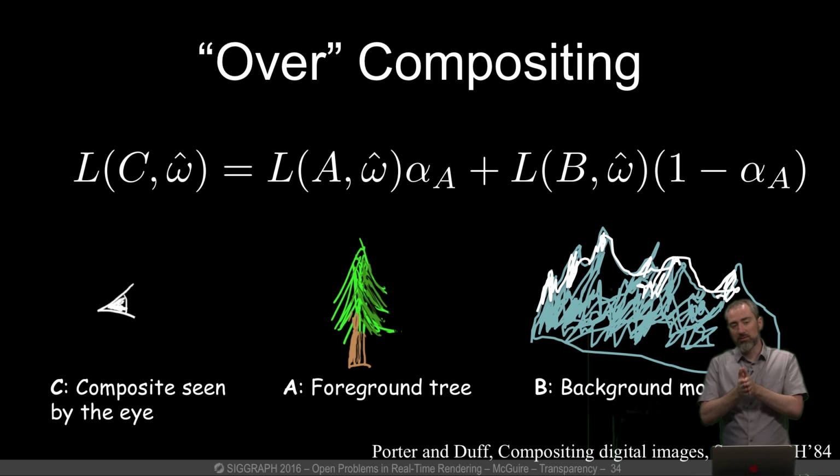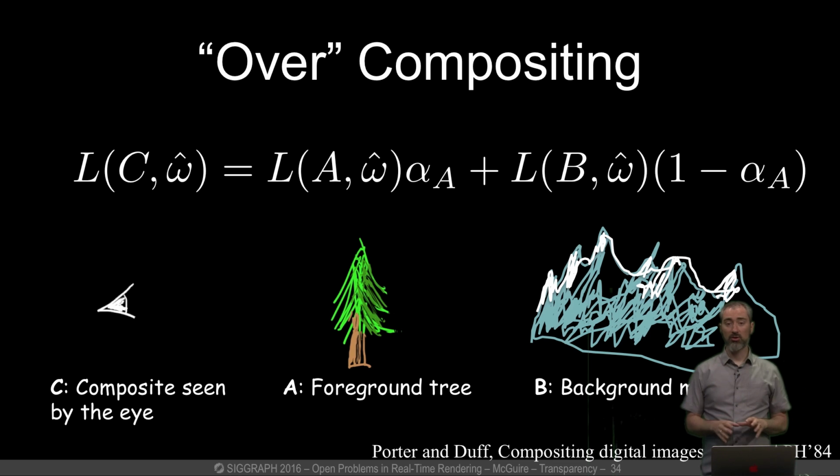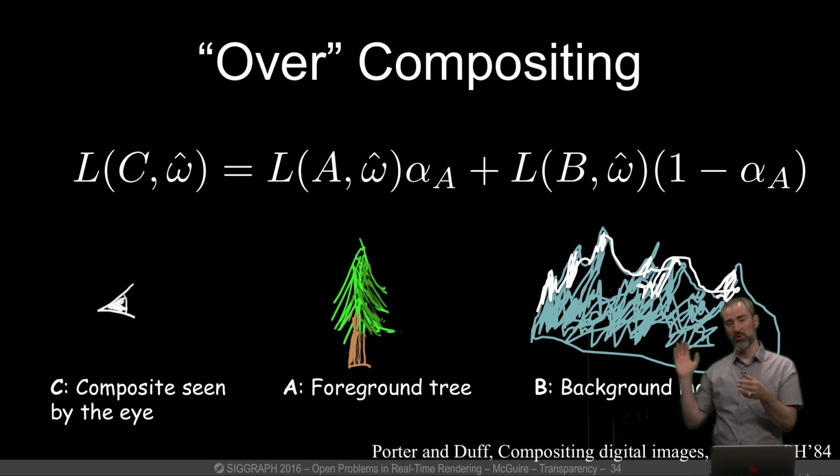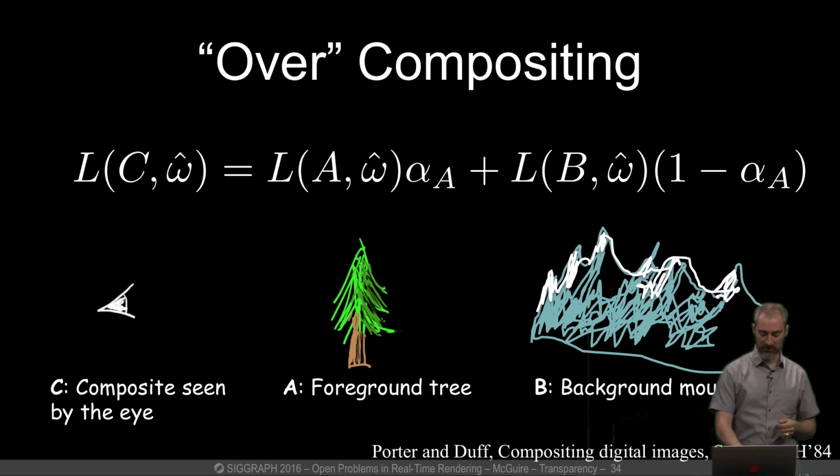Under that model, the equation for combining the light from the background with the partial covering foreground is simple. It's just linear interpolation. This is called the over-compositing operator because it's modeled in terms of knowing the coverage of the foreground and having already accumulated what was behind it. There's something called the under-compositing operator that's effectively the same equation but parameterized differently. And then other ones based on different assumptions about how the coverage is correlated, the subpixel positions of objects.